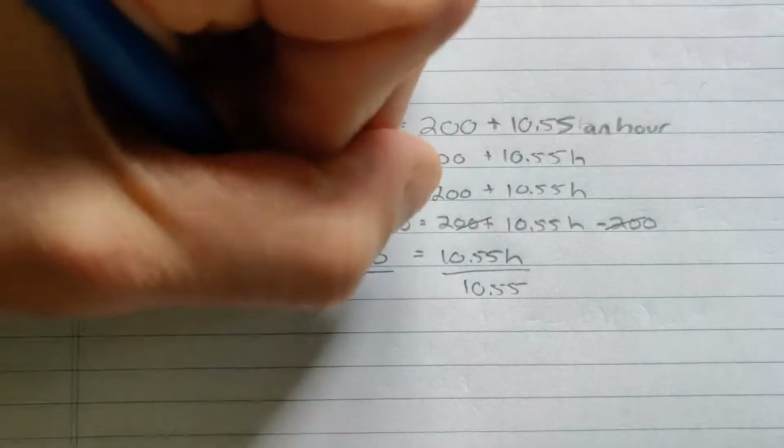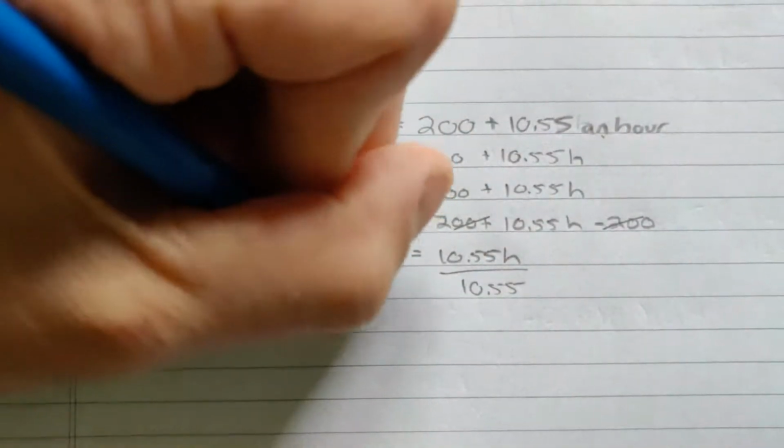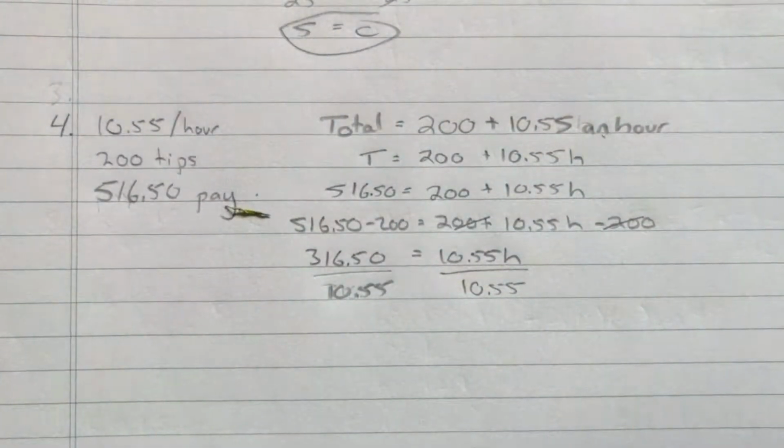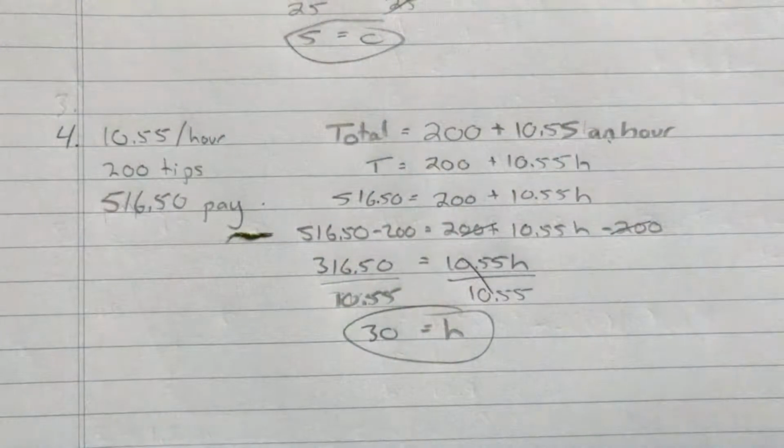So we're going to divide 10.55 out on both sides. When we do that, these will cancel, giving us our h, and we got $316.50 divided by 10.55. That's going to give us 30 hours. So this week he worked 30 hours.